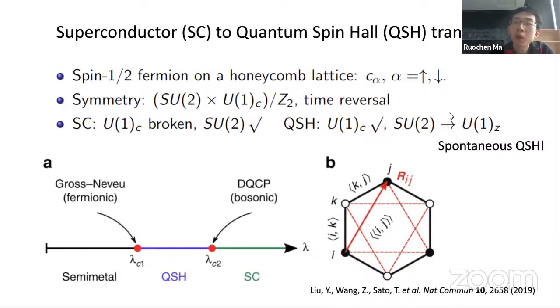And combined with the remaining charge conservation symmetry, we have roughly a U1 cross U1 symmetry, and a quantum spin Hall insulator is protected. So we call this phase a spontaneous quantum spin Hall insulator, simply because here the SU2 spin symmetry is broken spontaneously.